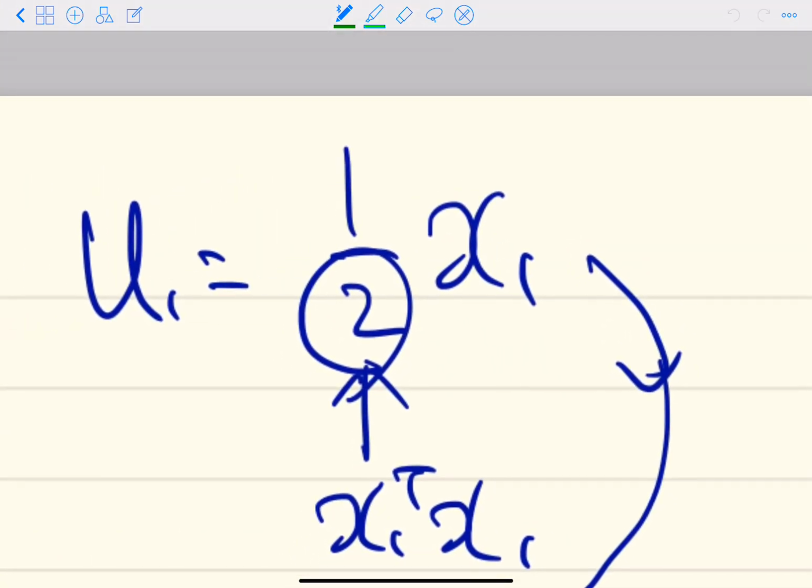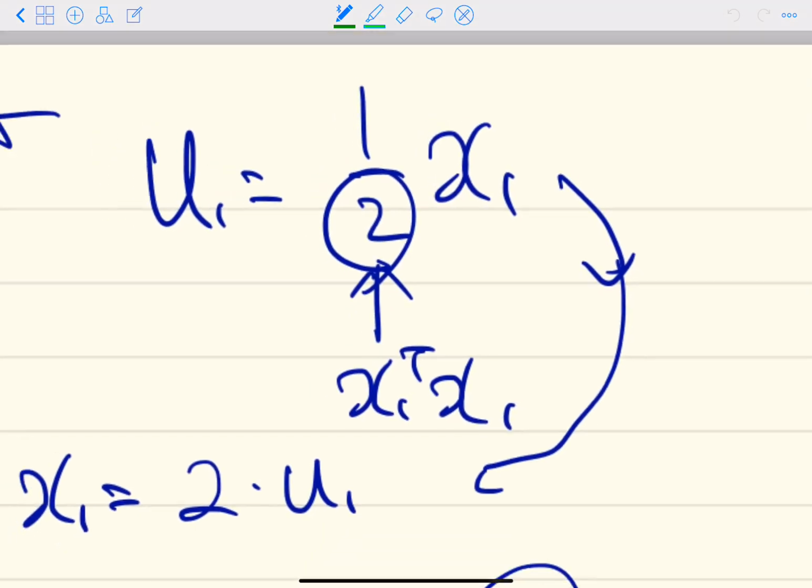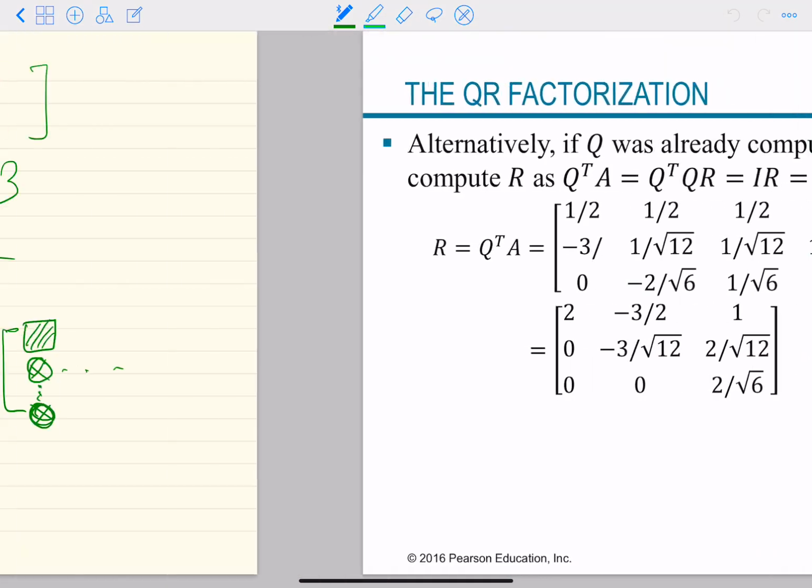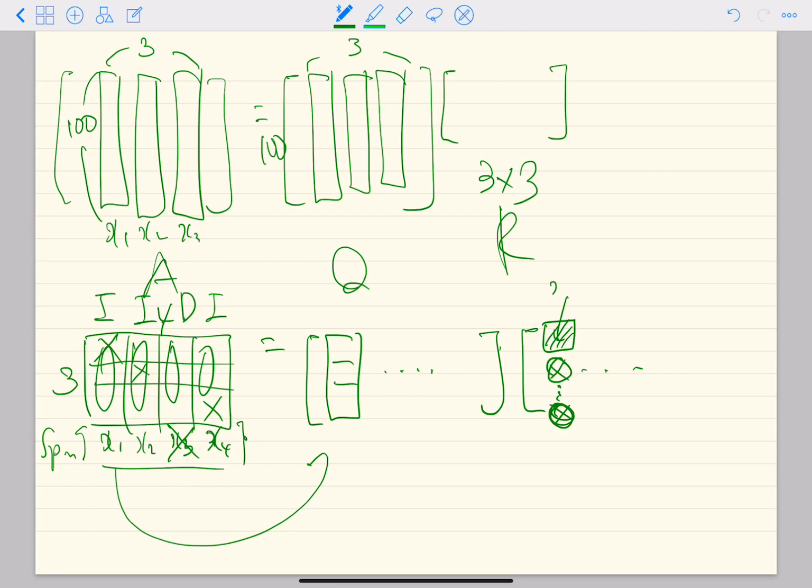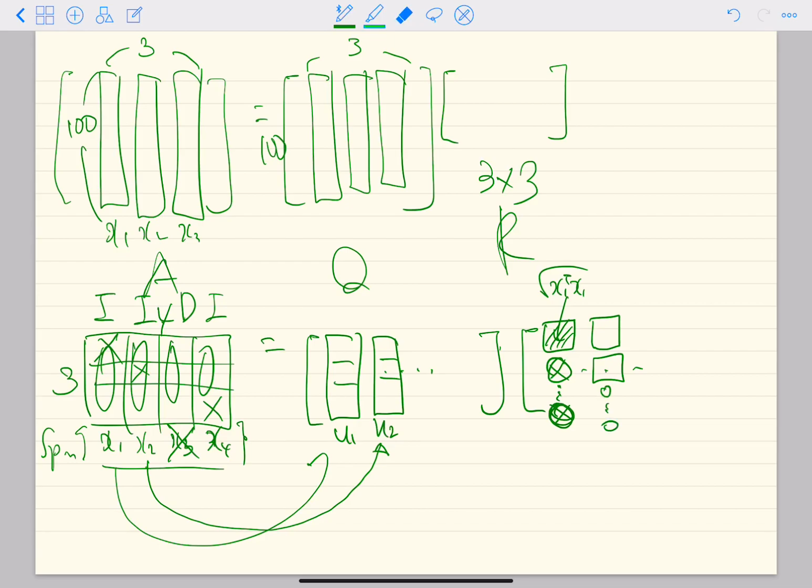So 2 comes from the norm of x1, okay? So in this case, this one will be the norm of x1. Right, and then let's obtain the orthonormal basis vector in the place of x2, and this one will be u2, and then we will have some value and all 0 values, right? Okay, some non-zero values for the first 2 elements in the second column.